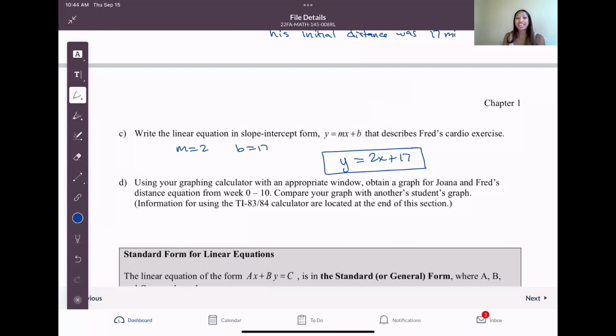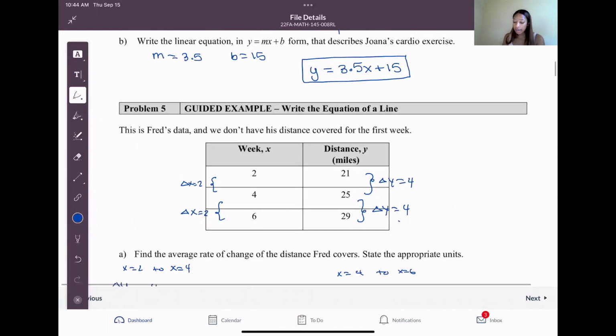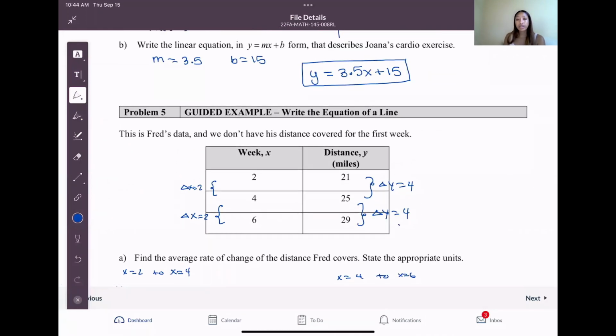One thing that we need to think about when we're graphing, we can easily plug these lines in, but to consider the windows, you want to look at the inputs and outputs that you're given. For the X min and X max, you need to use the inputs. So we're given weeks 0 to 10, they said they want to look over the first 10 weeks. So we're going to let the X values go from 0 to 10.